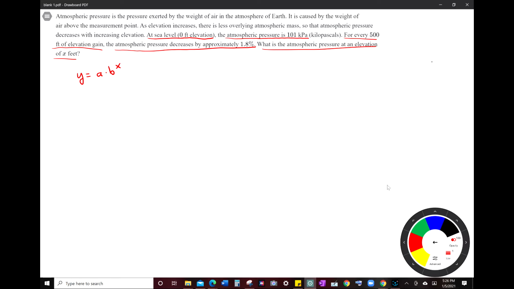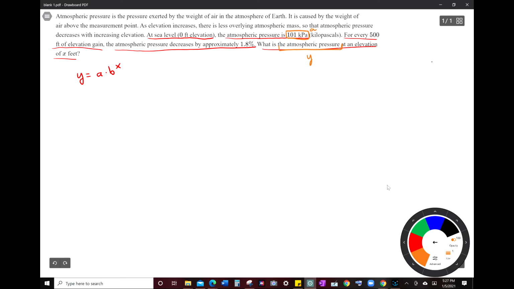So when we have y equals a times b to the x, we can label this: y will be the atmospheric pressure, and a will be the initial value, which is at 0 feet elevation.